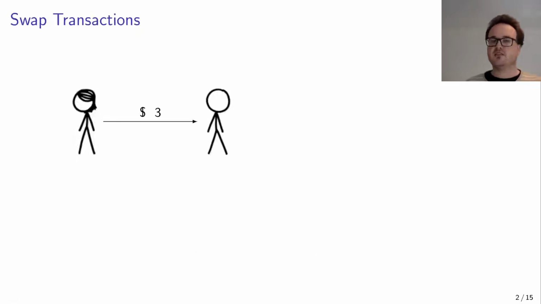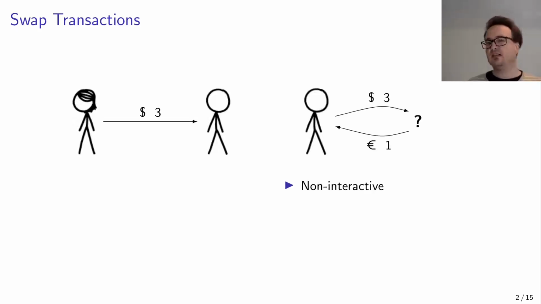So far for transactions, so we know how Megan can transfer $3 to Cueball, but how about swaps? A swap is more or less an exchange of tokens in one type for another amount of tokens in a different type. And we want them to be non-interactive. For example, Cueball wants to exchange his $3 for €1.